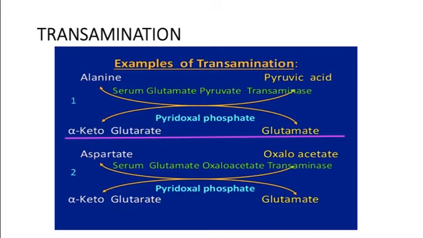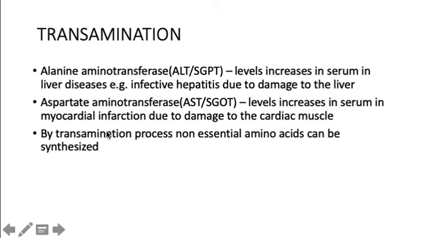Now when you write about these two enzymes, you should also know the clinical importance of these enzymes, right? Alanine aminotransferase or ALT or SGPT levels are increased in the serum in liver diseases, for example infective hepatitis, due to damage to the liver.